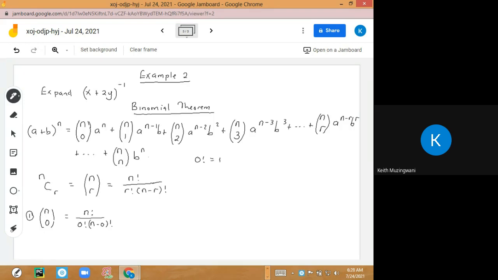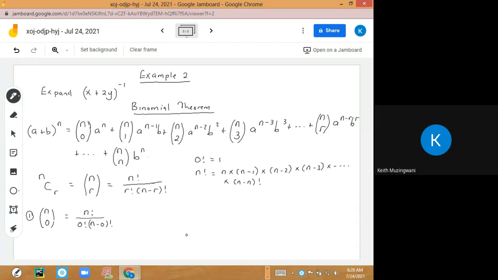0 factorial becomes 1 to avoid making this whole work useless, because n factorial is defined as n multiplied by (n minus 1) multiplied by (n minus 2) multiplied by (n minus 3). You keep multiplying by numbers, reducing by 1 without skipping any whole number, until you get to (n minus n) factorial.